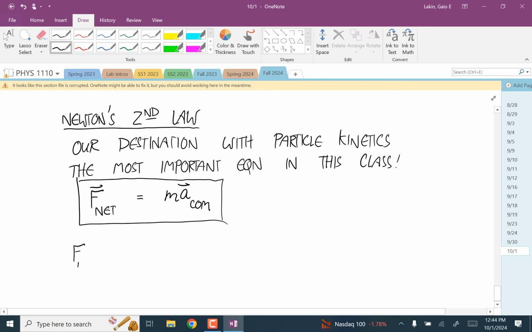Okay, so let me be specific about what these things mean. So F net is the sum of all force vectors acting on a chosen object.